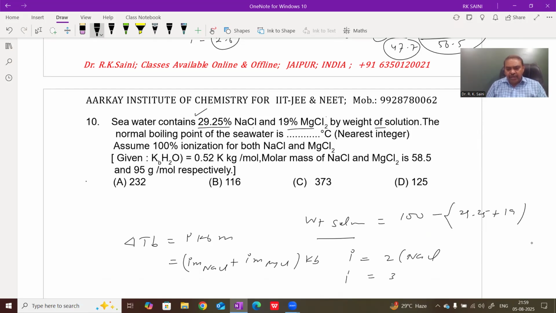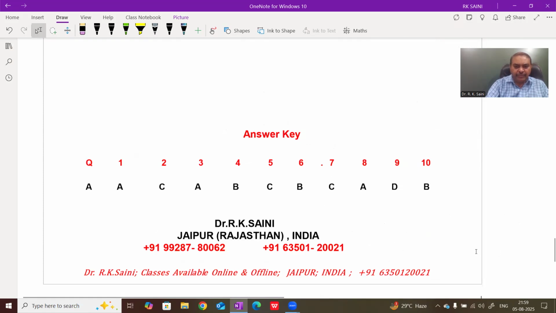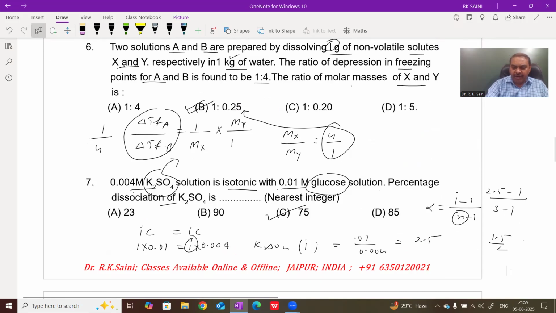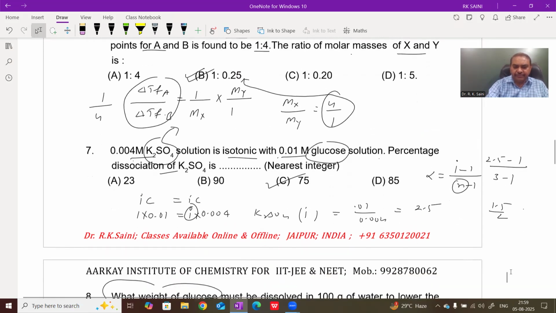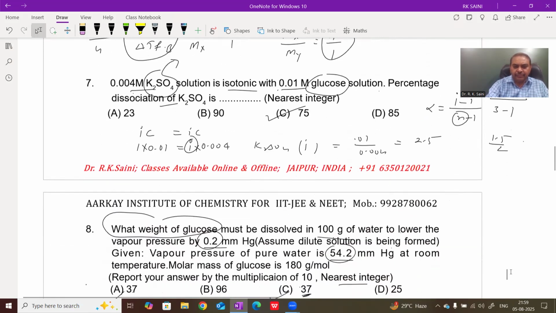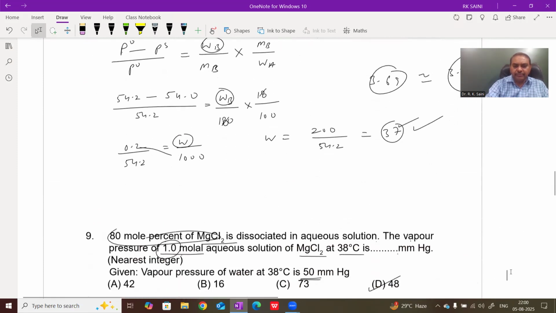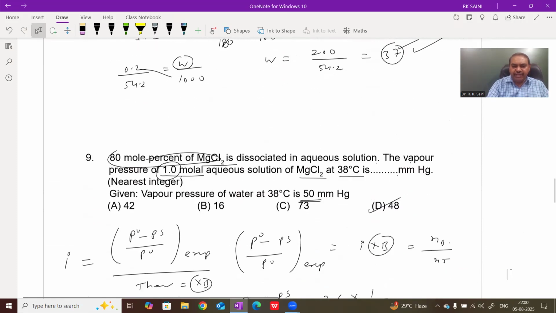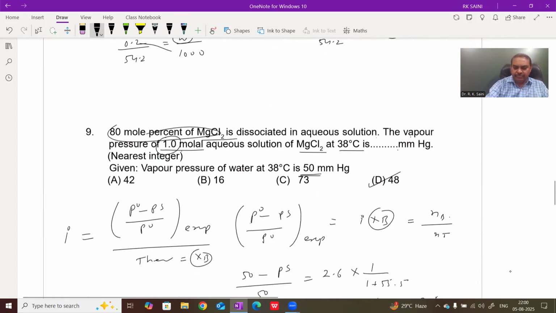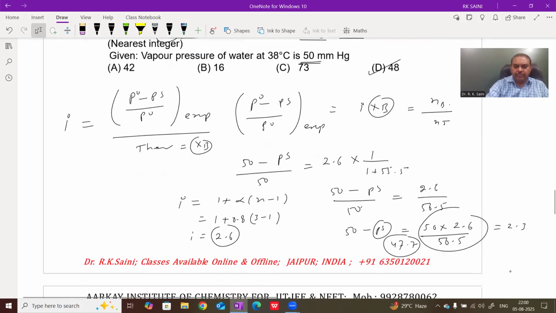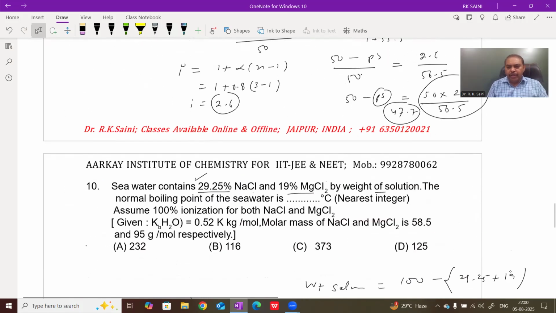I is 3 for MgCl2, and then find their molality. Molality of NaCl.